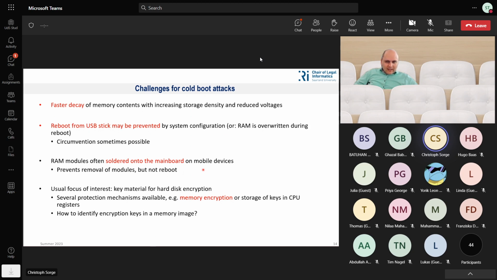And finally, more challenges are that the very crucial data might be protected. So keys might be stored in CPU registers. That's one countermeasure against cold boot attacks.